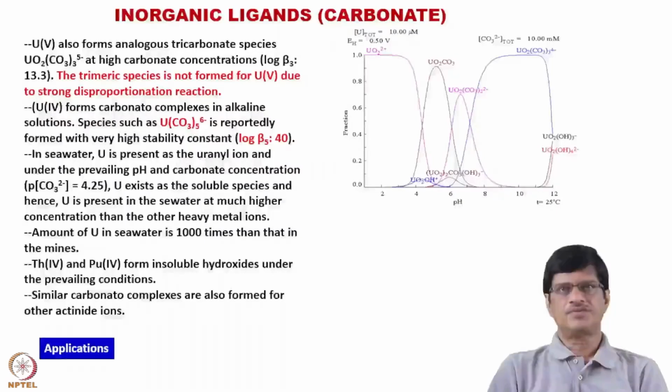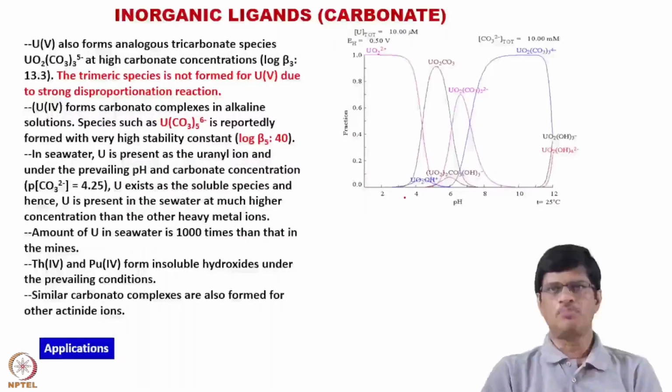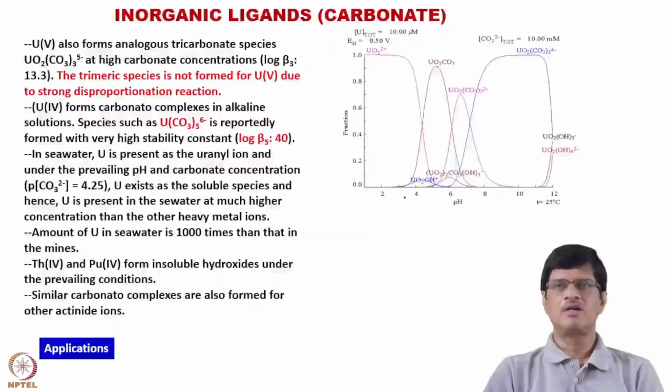Now, as I was discussing, this is the speciation diagram of the uranyl ion as a function of pH. At lower pH, there is a possibility of the carbonate not being stable, but at higher pH, the carbonate is stable, and also at higher pH, because of the abundance of the hydroxide ion, you have hydroxide complexes of the uranyl ion.